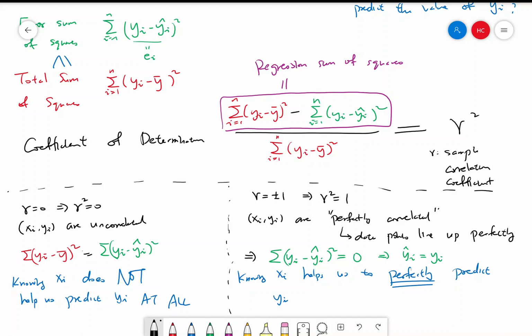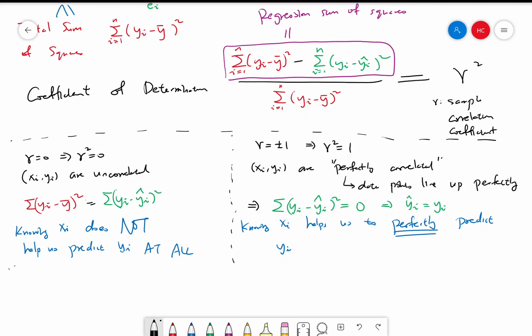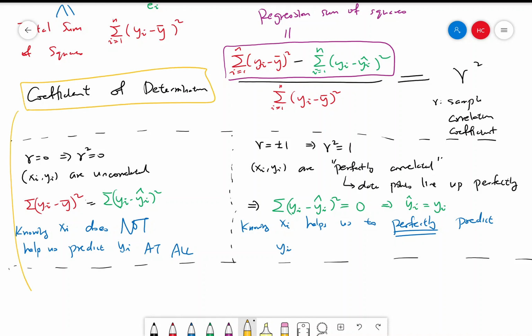So summary is the larger R square, which is called the coefficient of determination, the larger R square is, the better xi helps us determine the value of yi.